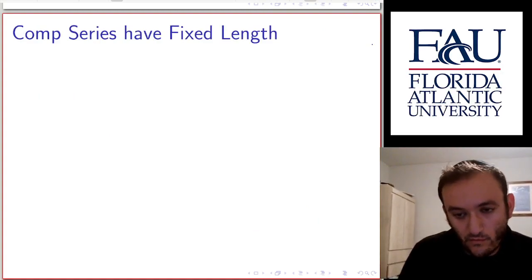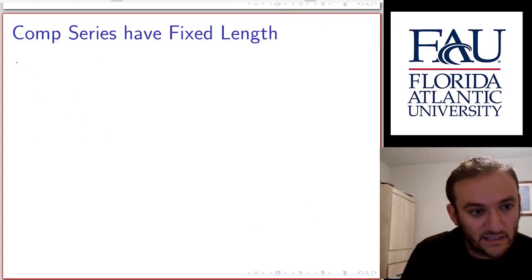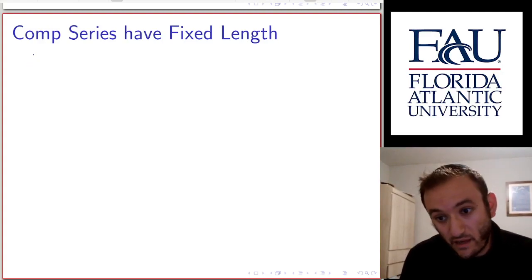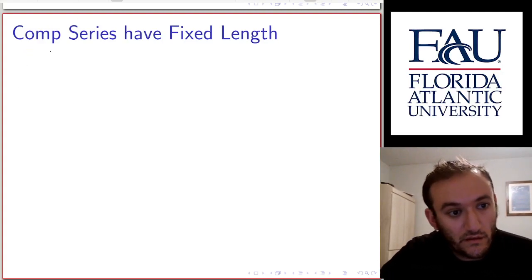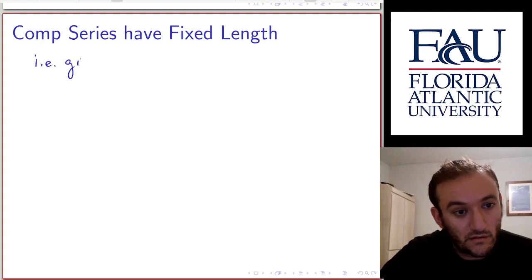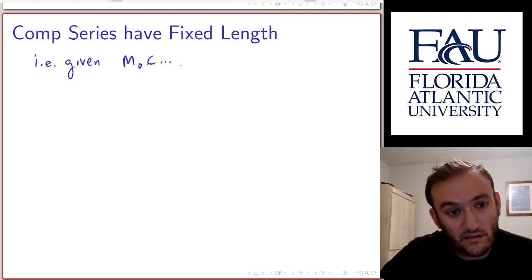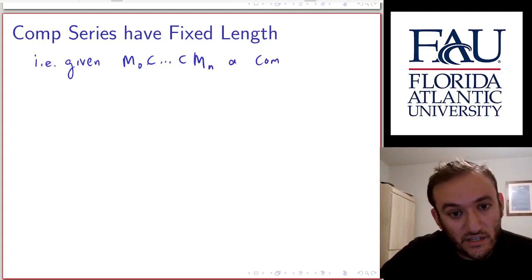So we have a theorem that composition series have fixed length. So if you have one composition series of length n, then every composition series has length n. So M0 contained in up to Mn a composition series.